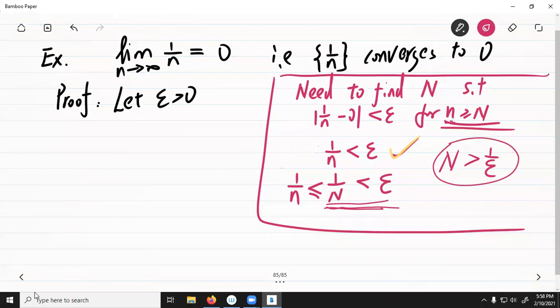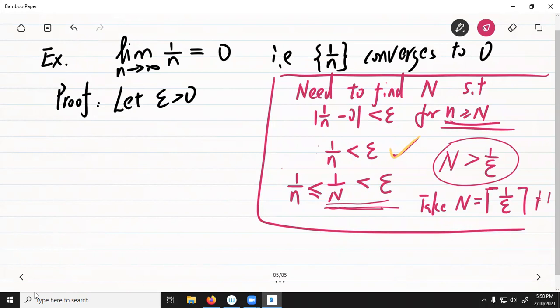We just take an N which is an integer greater than 1 over epsilon. Then we are done. So here we take this N to be the smallest integer greater than 1 over epsilon. Of course, you can add 1, it doesn't matter which one you want to use.